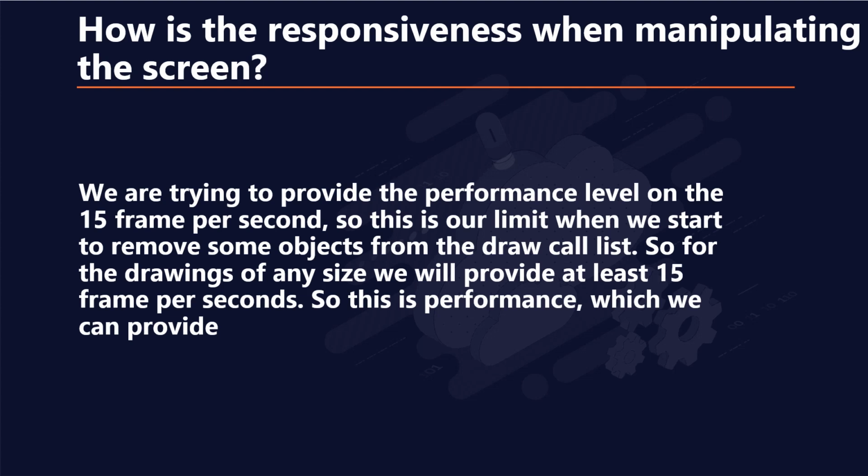This is our limit when we start to remove some objects from the draw call list. So for drawings of any size, we will provide at least 15 frames per second. This is the performance which we can provide.